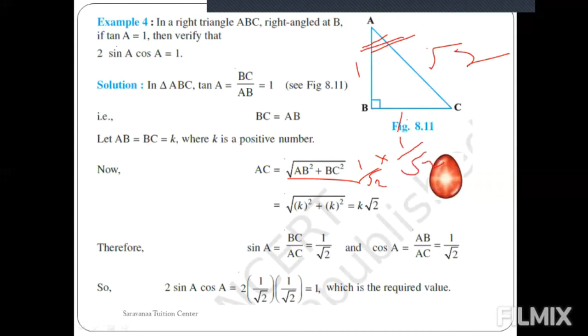So then 2 into 1 by root 2 into 1 by root 2 equals 1. Root 2 into root 2 equals 2, right? 2 by 2, 2 cancels and the answer is 1. Hence proved.